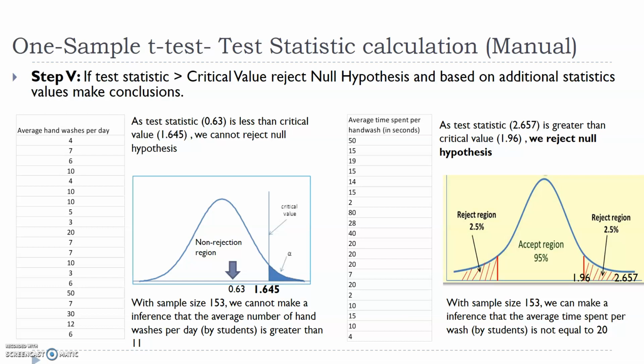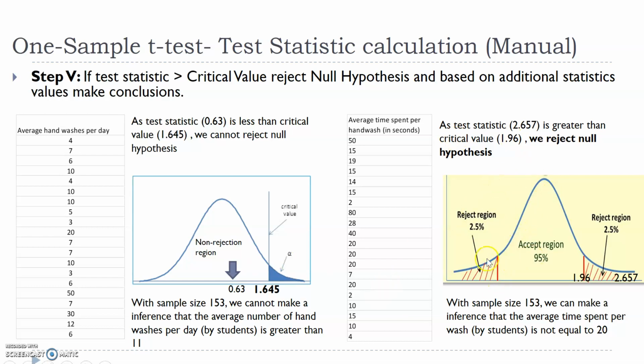I cannot reject that. So I cannot prove that the average number of times is greater than 11, though in my sample it is showing 11.56. For my sample it is true that the number is greater than 11. But with that number and with the standard error, with the assumptions I have made, I cannot guarantee with 95% confidence that for the population it will be greater than 11.